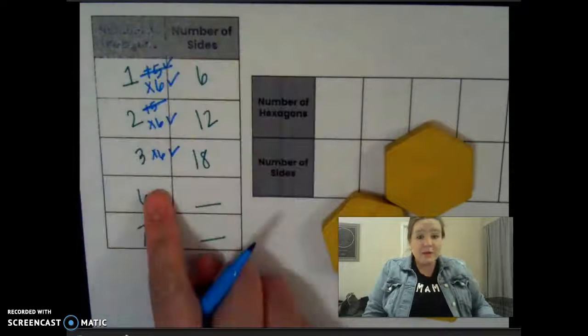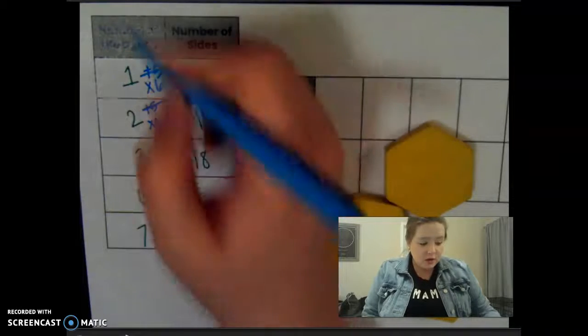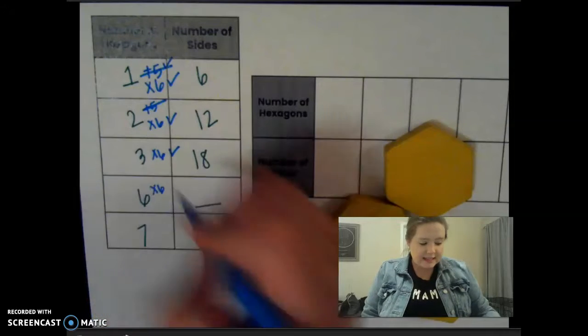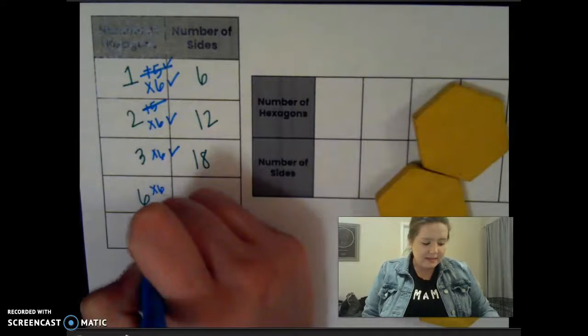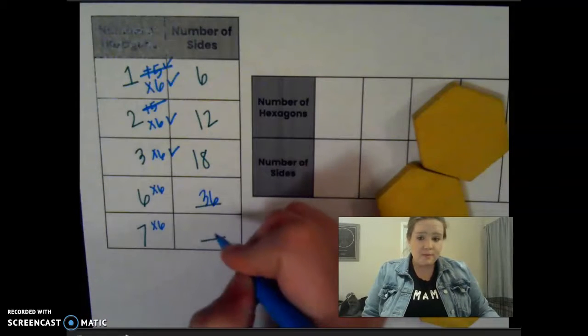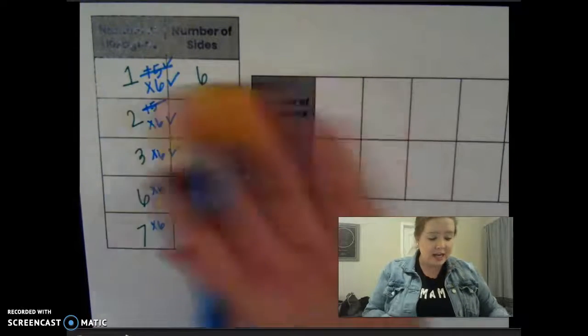So I am going to be multiplying by 6. So 6 times 6 equals 36. 7 times 6 equals, good job, 42.